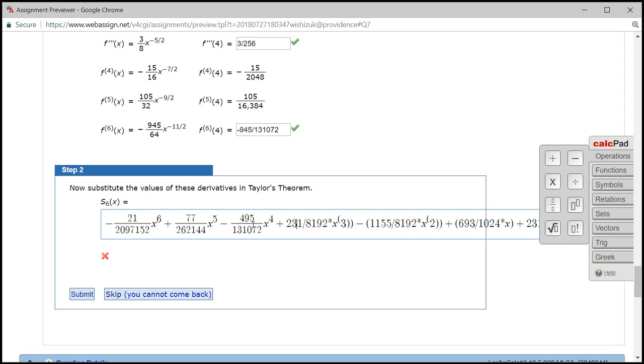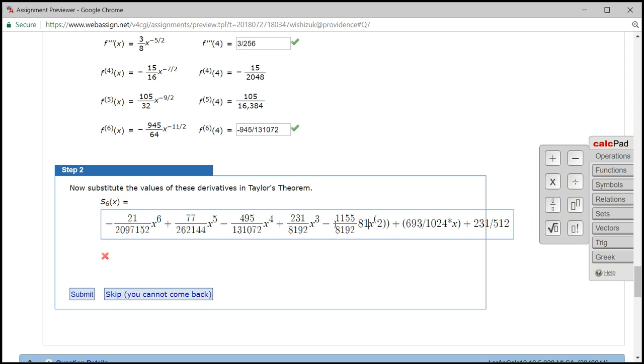So we have that over 8192. This is easier to just type in. Then I'm going to cancel, get rid of that. And so that's the x cubed term. So this is divided by 8192 again.